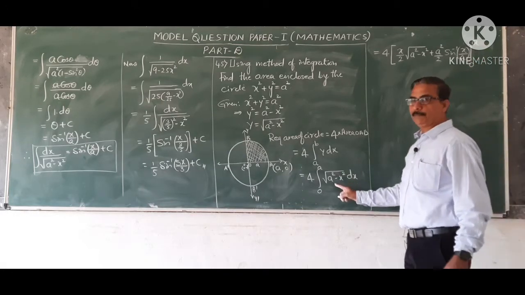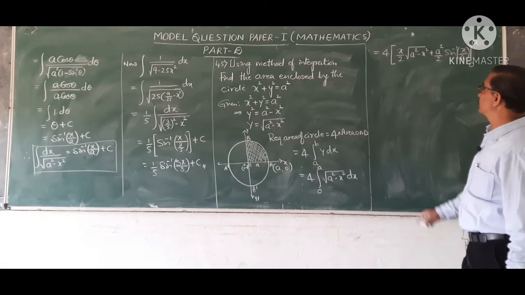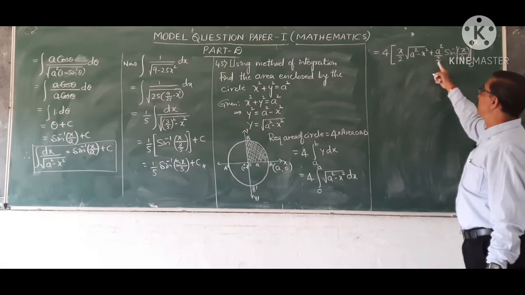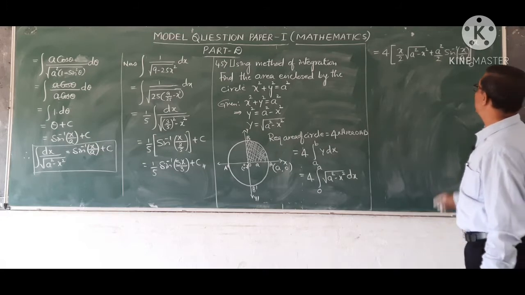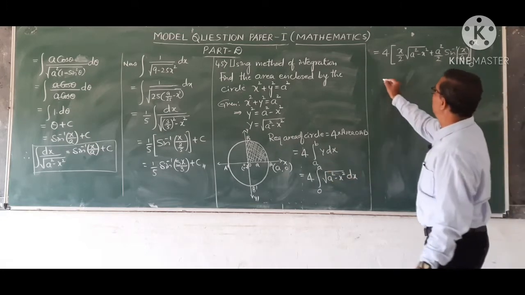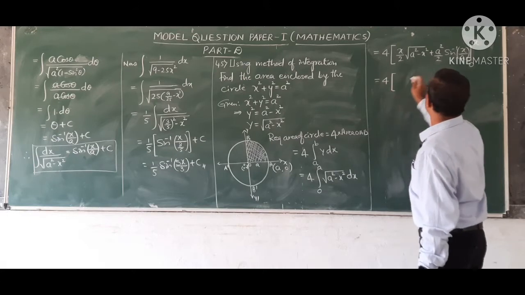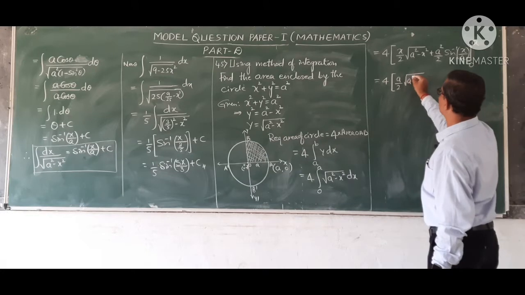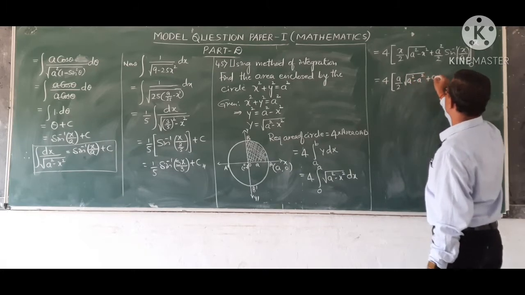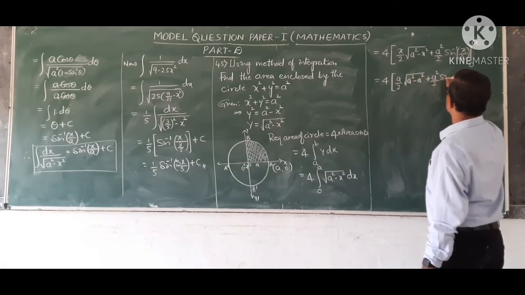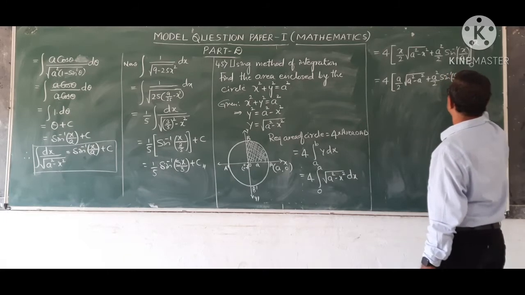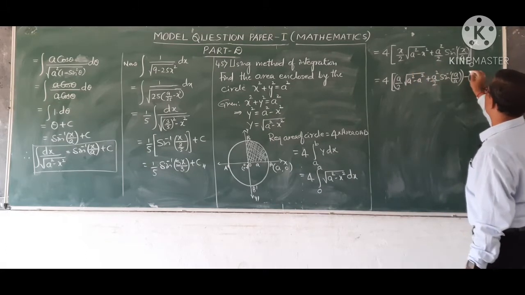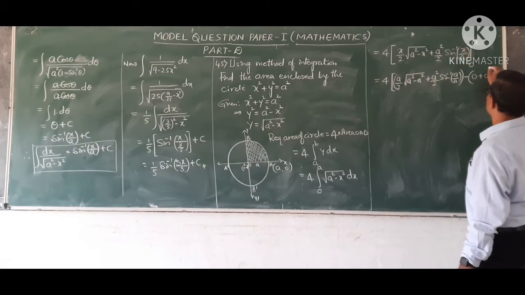Okay. By using by parts, integral of root a square minus x square is equal to x by 2 into root of a square minus x square plus a square by 2 sine inverse of x by a between the limits 0 to a. Now put x equal to upper limit a: a by 2 into root of a square minus a square, plus a square by 2 sine inverse of a by a. Minus lower limit, put x as 0: 0 into that value is 0, sine inverse of 0 is also 0.